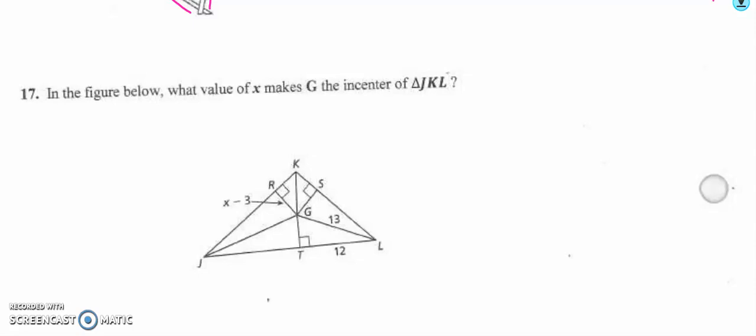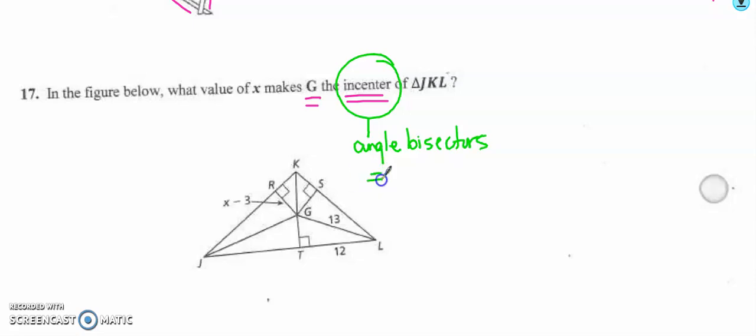Number 17, it says, what is the value of x that makes G the incenter? All right, you're going to hear me say this again. Incenter. Incenter is angle bisectors. Angle bisectors, incenters. What are they equal to?